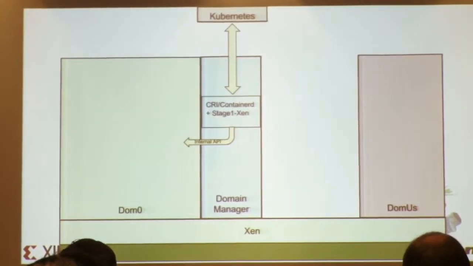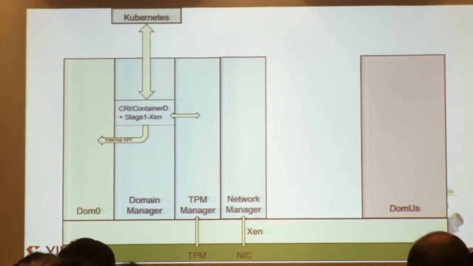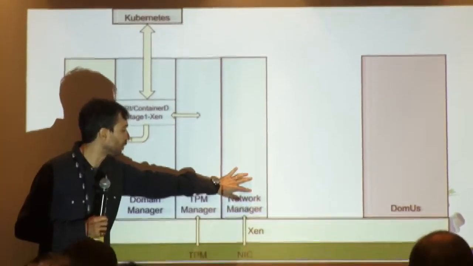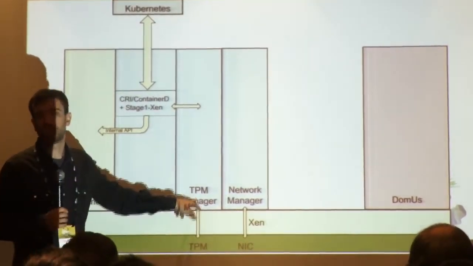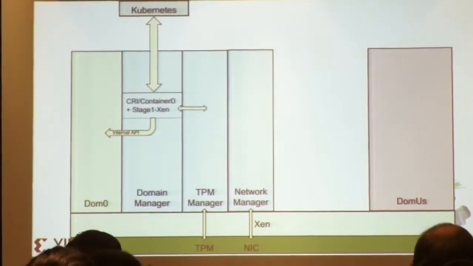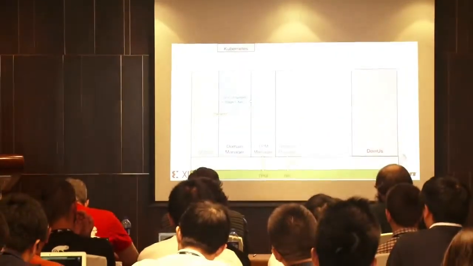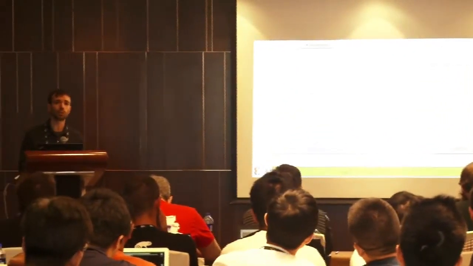And then the next step is to add driver domains, and specifically we are talking about a network driver domain here and a TPM manager at the very least, so that Dom0 doesn't have to have the network card directly, and might not even need network access at all.